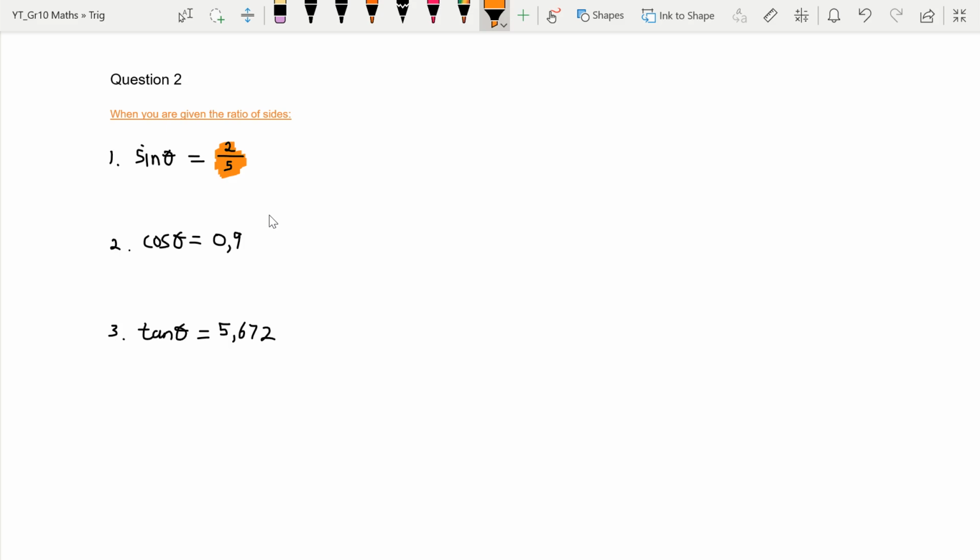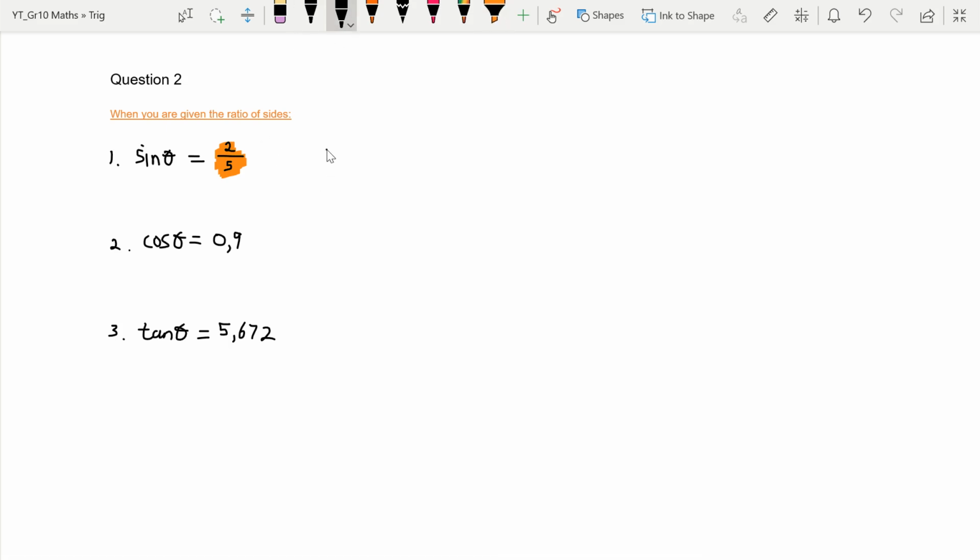So how can you let your calculator know that, no, I'm not giving you an angle, I'm giving you the ratio of sides? Shift, sine. Then you're letting your calculator know that you're giving it a ratio of the sides. Remember, your sine is opposite over hypotenuse. And then it gives you the angle.